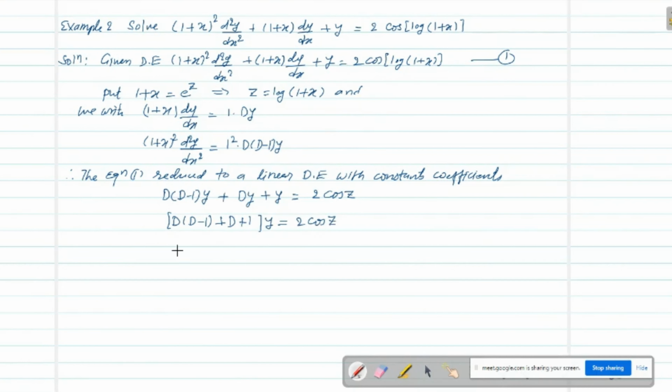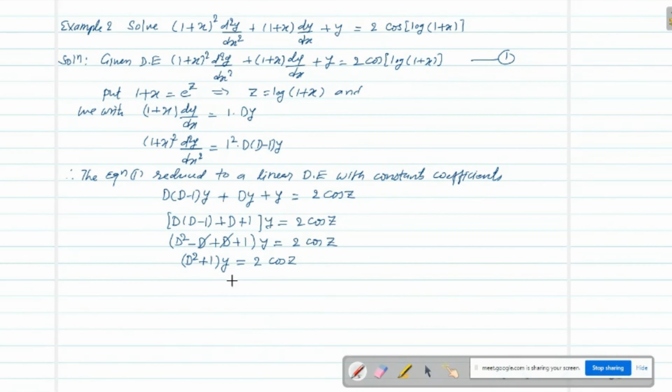The d and minus d cancel, so this becomes (d square plus 1) y equal to 2 times cos z.